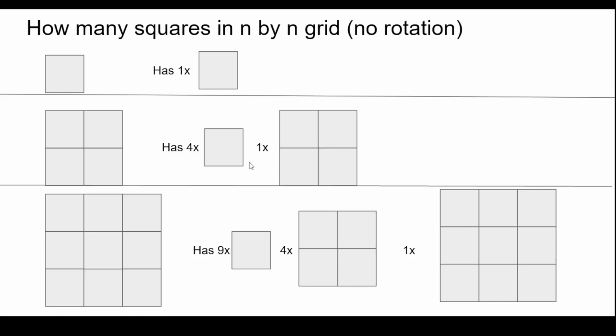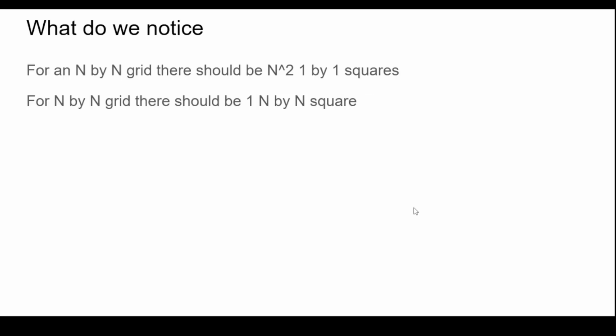Now, as you can see, there are some patterns here. First off, we can notice there seems to be 1, 4, 9, which are, basically, squares: 1 squared, 2 squared, 3 squared. So we see basically two things right here.